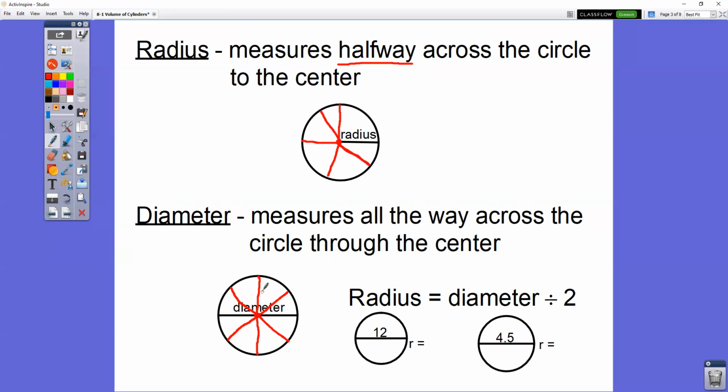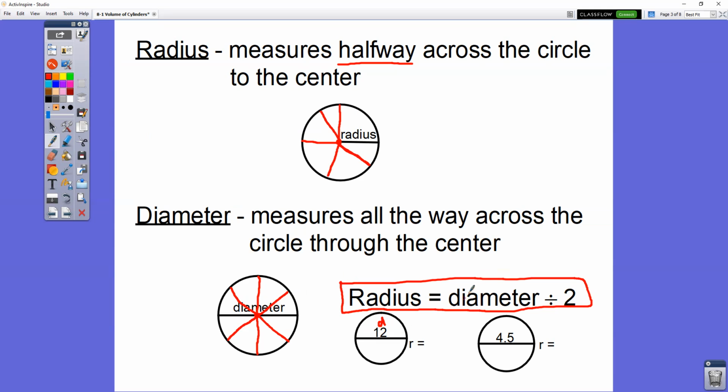Sometimes you'll be given the diameter to try and trick you. Diameter is not in any of the formulas that we have in this chapter. So you will always have to find the radius if you're given the diameter. The way that you find the radius, if you're given the diameter, is to divide it by 2. So if we are given the diameter of 12, like we are here, the diameter goes all the way across, that's 12.